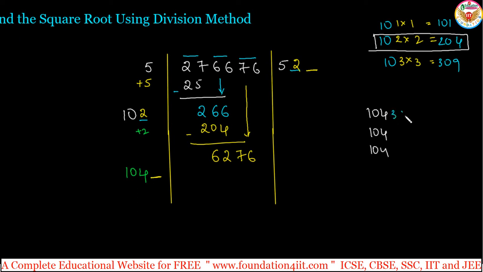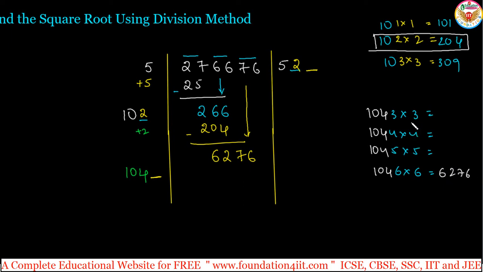So 1043 into 3, is it less than this or not? 1044 into 4, 1045 into 5, until you get the same 6 into 6. 1046 into 6, and we will get 6276.